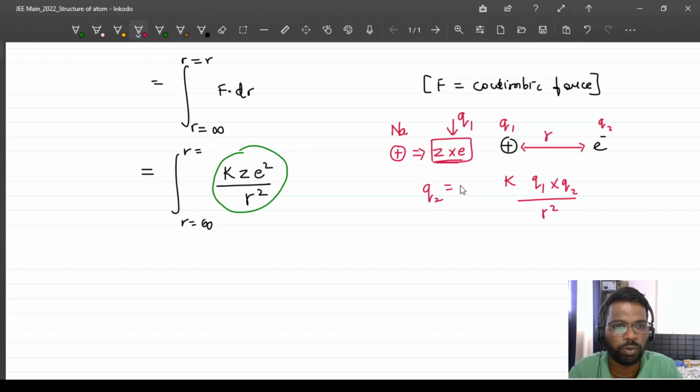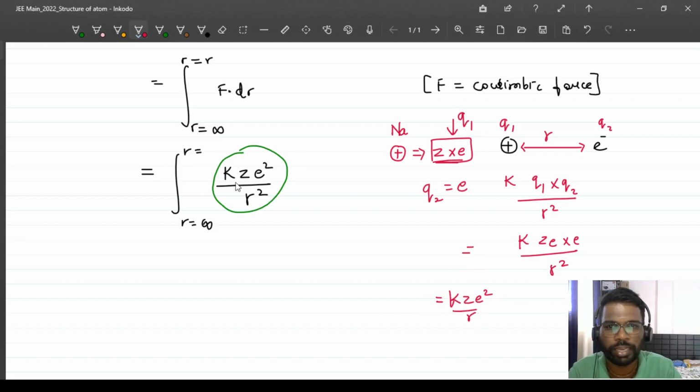It is just e. So I am writing the force as k times Ze times e upon r square, which becomes k Z e square by r square. That is how the force is defined.